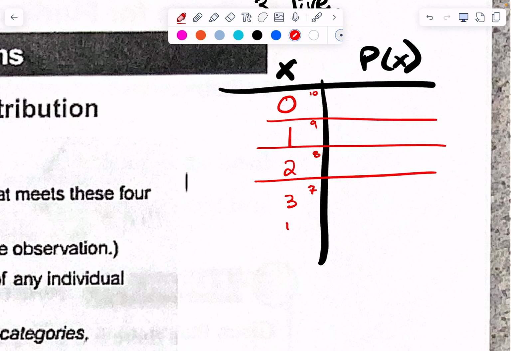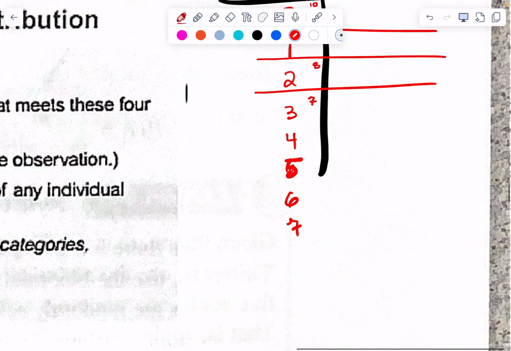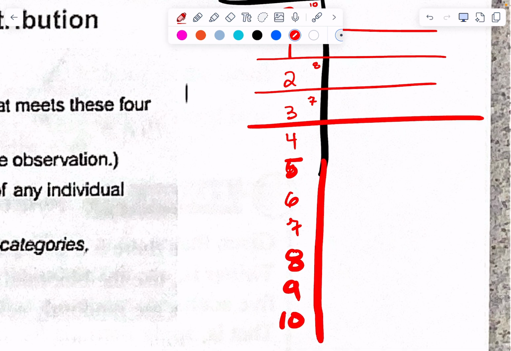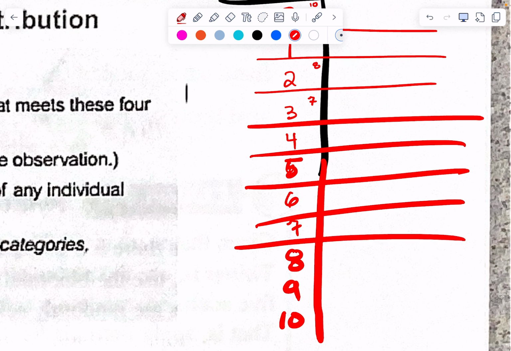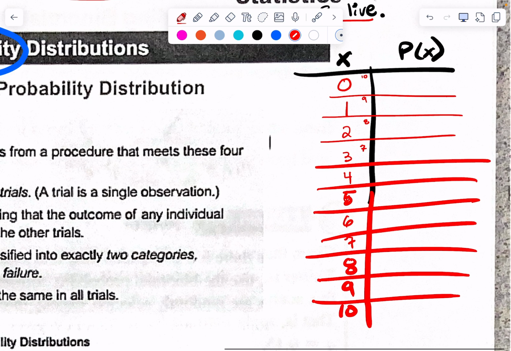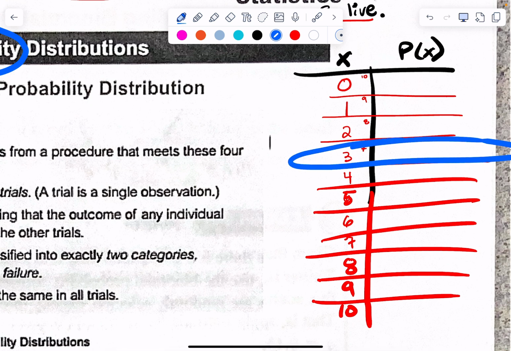I could have 4, 5, 6, 7, 8, 9, 10. This is what the table looks like, and it gets pretty hefty the more you add. I'm looking at finding the probability of exactly this happening: 3 live, 7 die. I want to find that probability exactly.